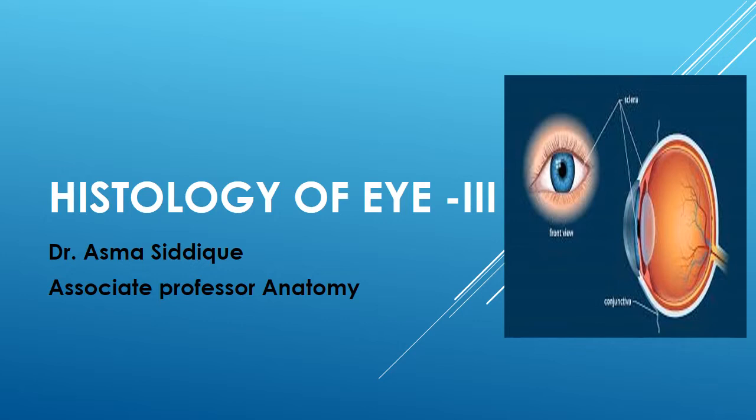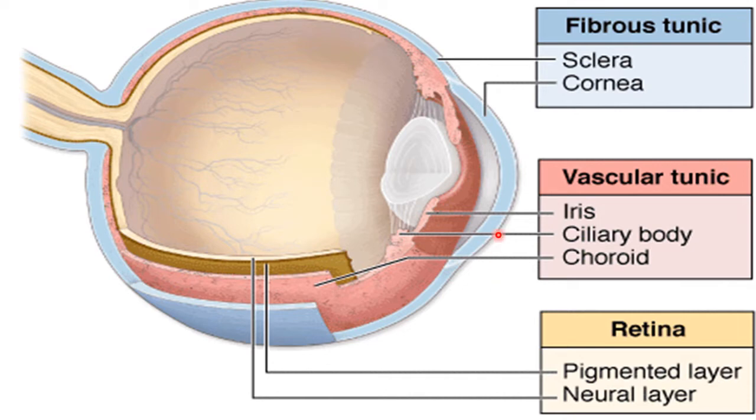In today's lecture, I am going to discuss with you the histological features of the ciliary body and iris. You have already seen that the eyeball has three important coats making up the globe-like structure.